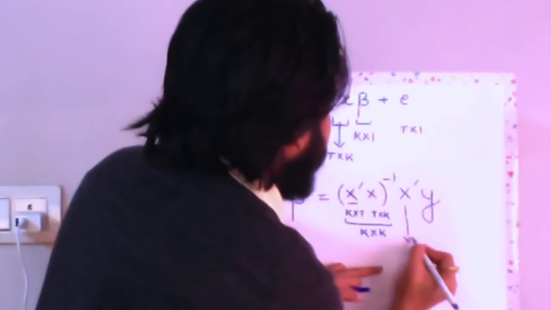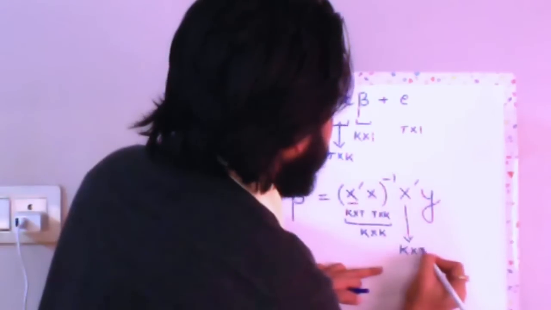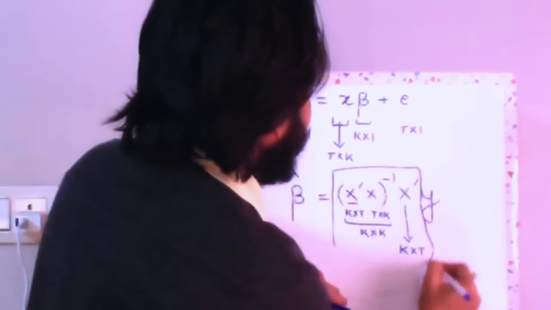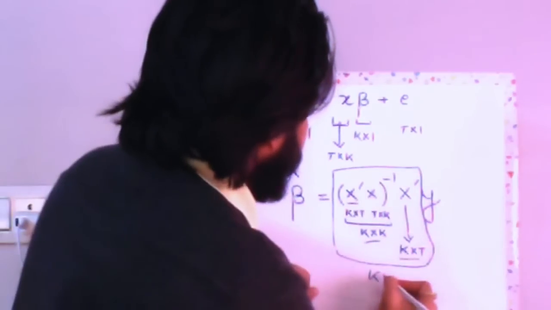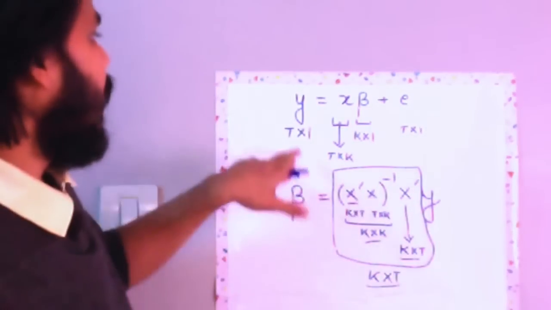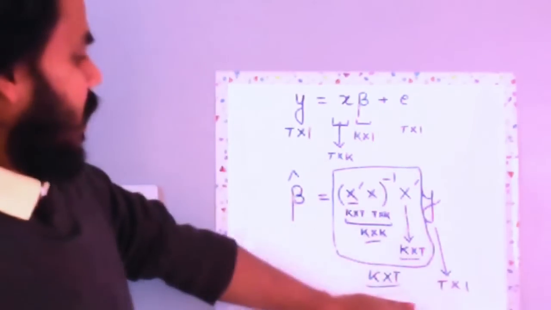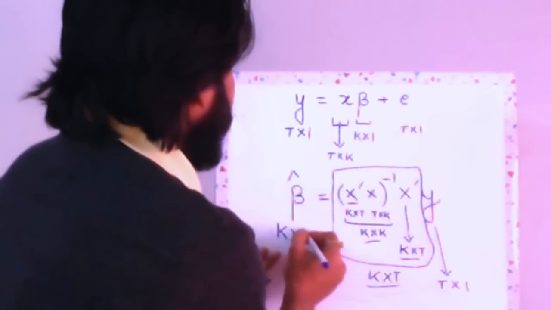Then x transpose will have k cross t. So if you combine all of these, leaving y aside, you will get k cross t. And y is t cross 1. So the resultant will naturally be k cross 1, which is our expectation.